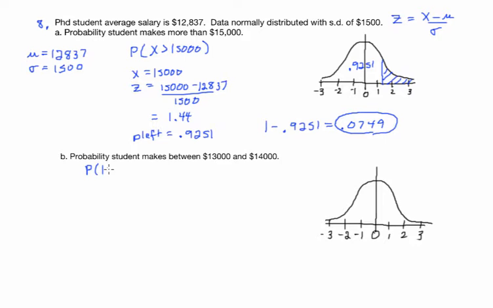What's the probability that our x, that our data value of the person that we choose, is between 13,000 and 14,000? To do this, we have to get z-scores for both of these data values. We'll use the z-score formula.